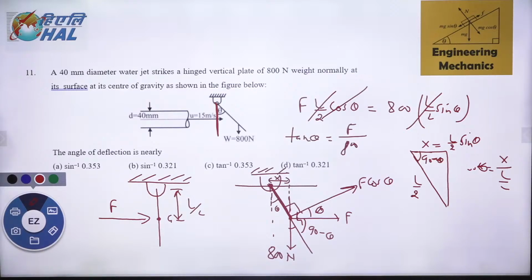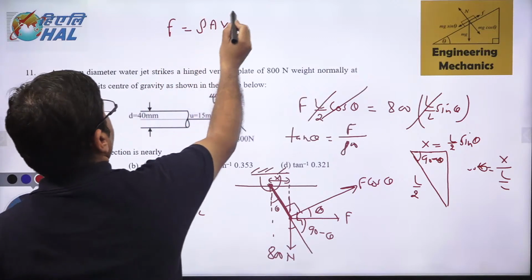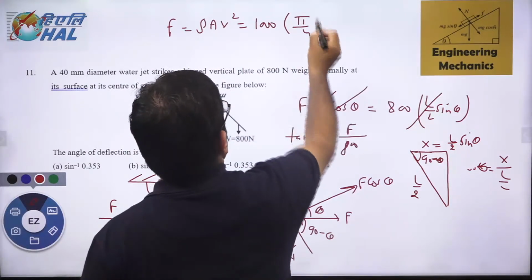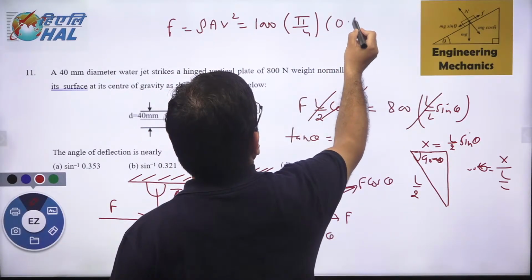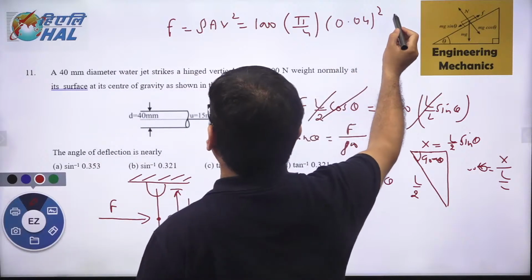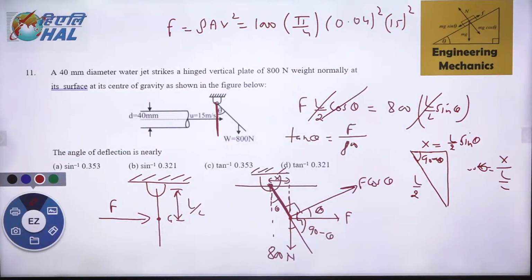That we can calculate, and from fluid mechanics it is rho A into V square. Density is 1000, A is pi by 4 into D square, 0.04 square, pi D square by 4 into V, that is 15 square. That is the force which this jet is applying.